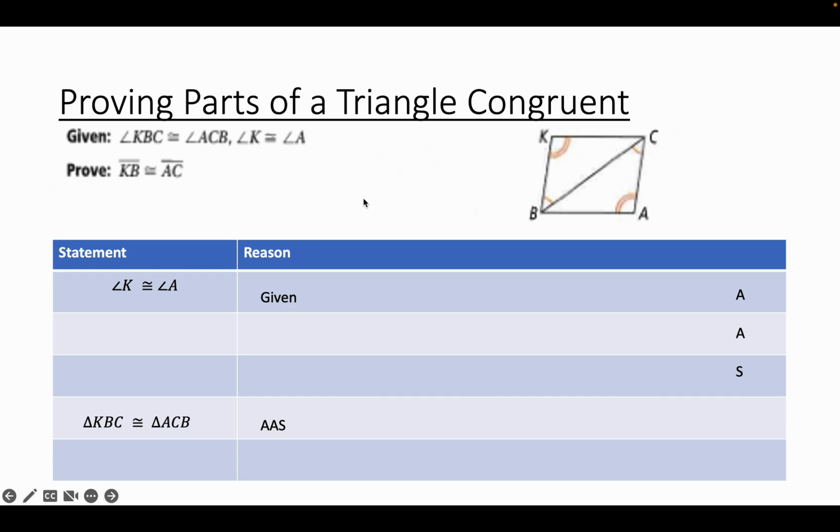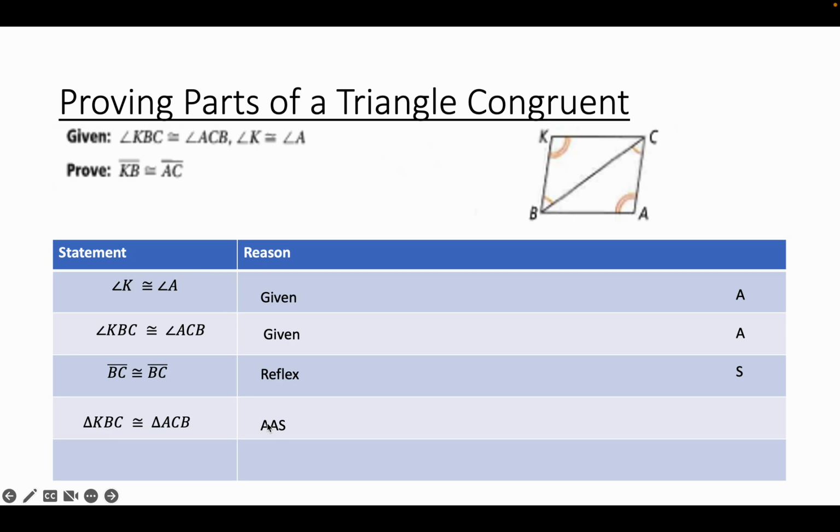I'm noticing that angle KBC is going to be congruent to angle ACB, and that is given as well. Then the side BC congruent to BC, that is the reflexive property of congruence. And so then I have my proof done. My triangles are congruent, correct?